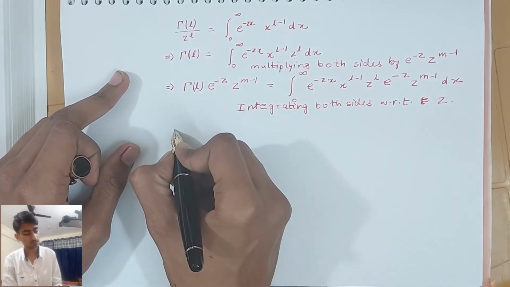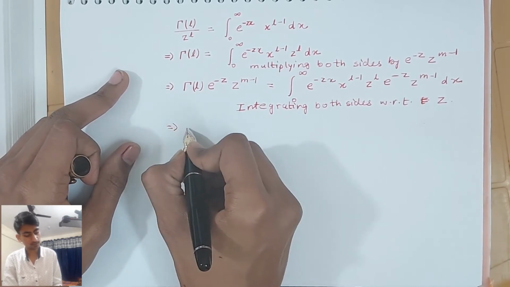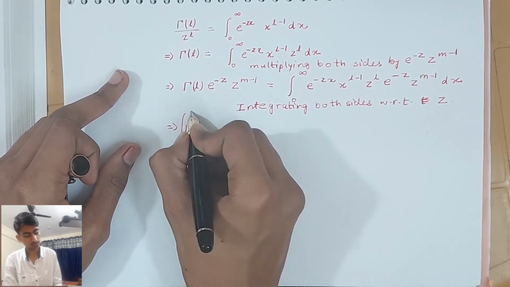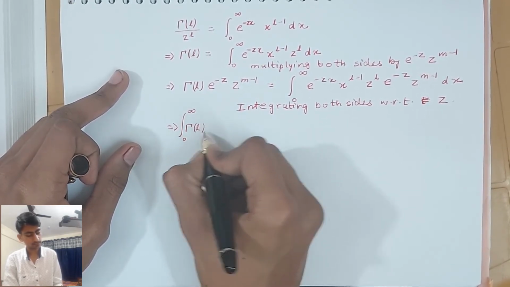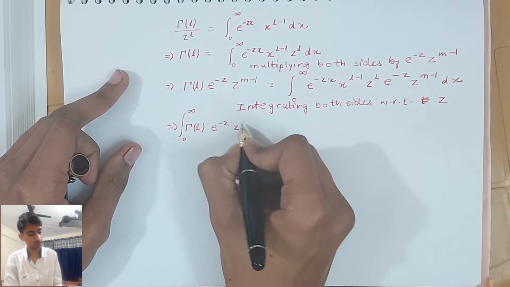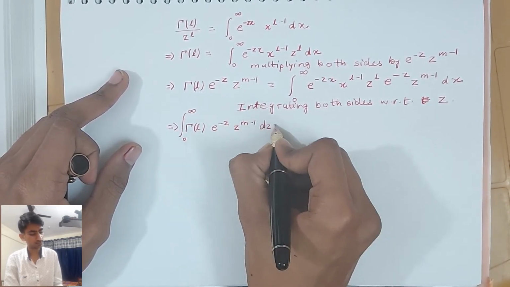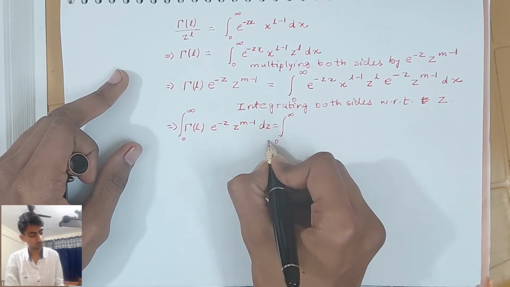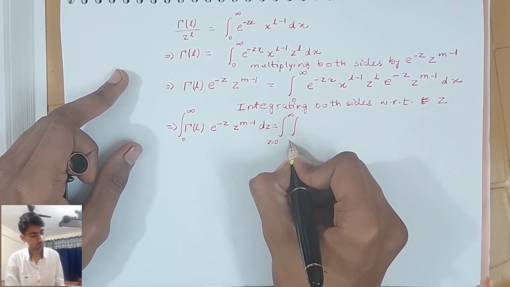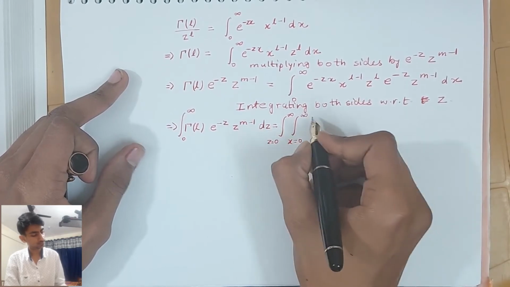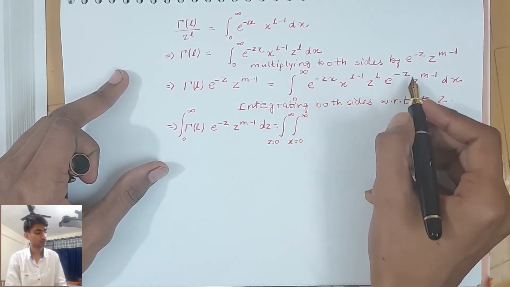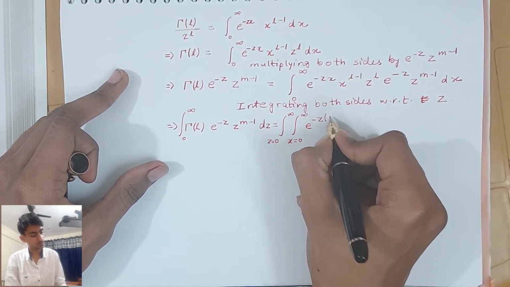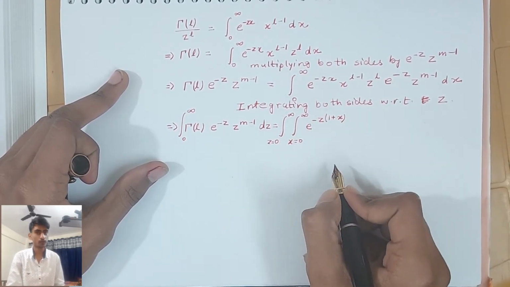Okay, so let's start with the LHS, gamma of L. If we integrate the whole thing from 0 to infinity, e to the power minus z, z to the power m minus 1 dz is equal to the integral from 0 to infinity for z, for x, of e to the power minus zx and e to the power minus z, so we have e to the power minus z times 1 plus x over here.